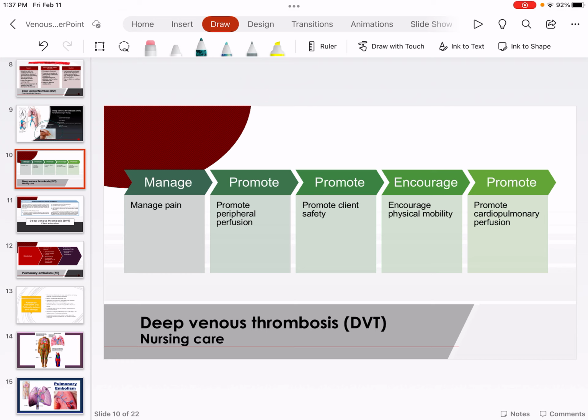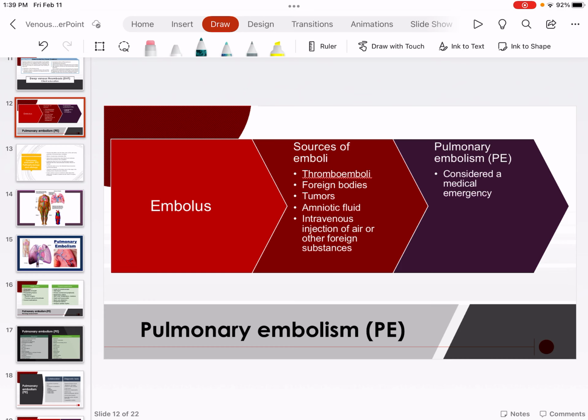Here's something important to know. You do not want to put the anti-embolism stockings or the SCDs on these patients. They are contraindicated for clients who have a known DVT because they could essentially break loose that blood clot, and then that blood clot could lodge into the lungs or the brain or some other area.